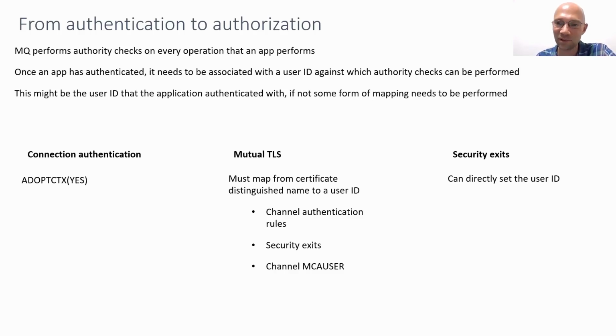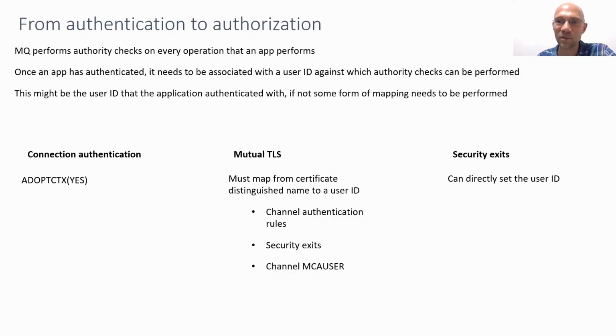Firstly, using channel authentication rules, because they can be used in a fairly fine-grained way to map connections that provide a certain certificate. So you can base it on the distinguished name of the certificate that's provided and map that connection to a user ID based on what you've used to map it off. So that would be, for example, if a connection comes in and provides a certificate that has a distinguished name with Gwydion in it, then we can map that to the user ID Gwydion on the system, and then use that user ID for authority checks from that point onwards.